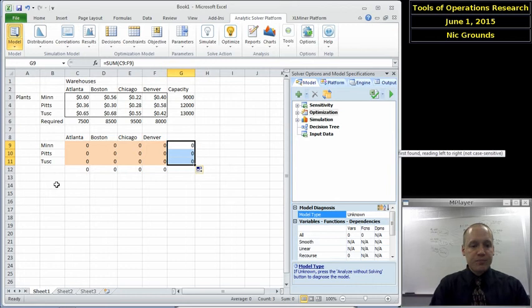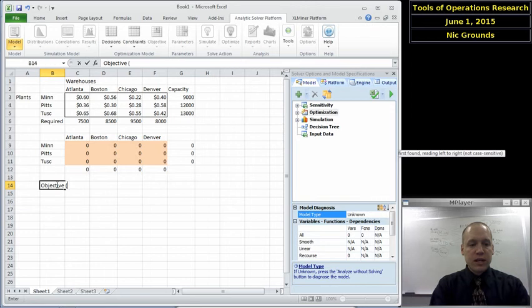And then finally, what we're going to compute as our objective, which will be total cost, is going to be, well, if you'll remember back, our linear optimization programs tend to use the sum product, which usually we've used as multiplying one row of cells by another row of cells.